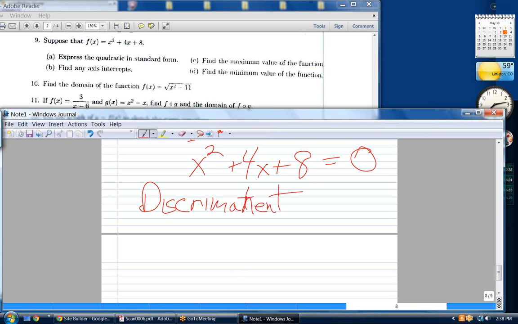The discriminant is the part that is under the radical sign. If this is negative, it doesn't have any x-intercepts.